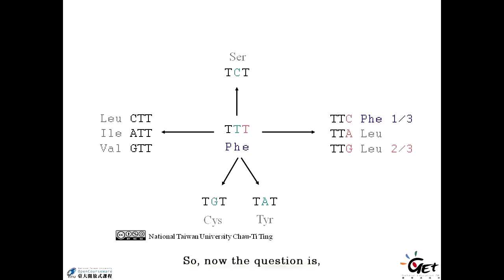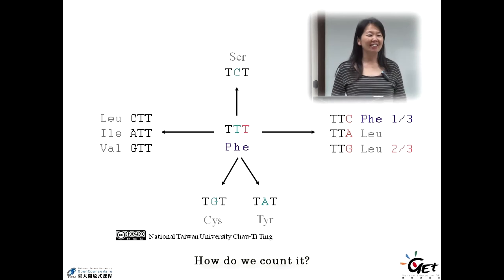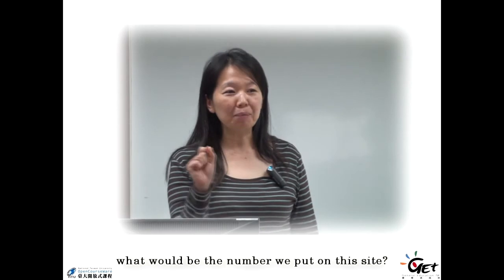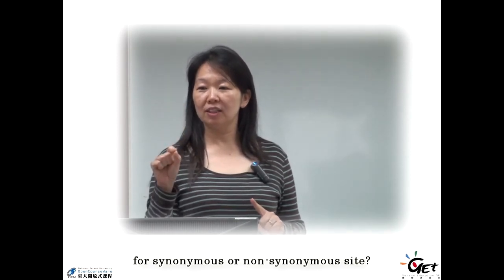So now the question is: is the third position of this codon a synonymous site or a non-synonymous site? Any answers? Both? I heard both. How do we count it? Because we have to have a number. What would be the number we put on this site? Okay, what's the number for synonymous or non-synonymous site?